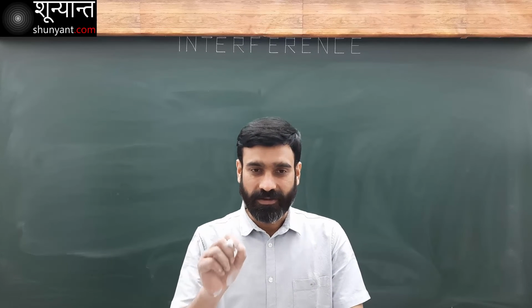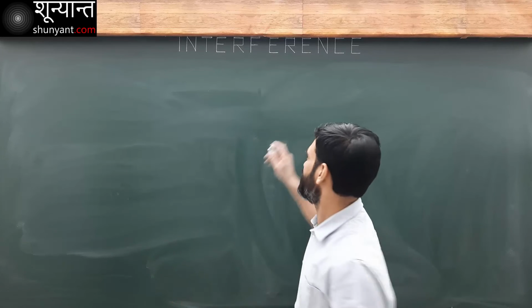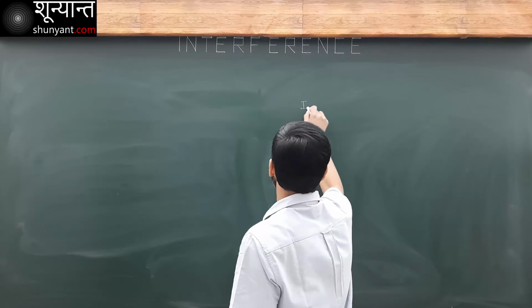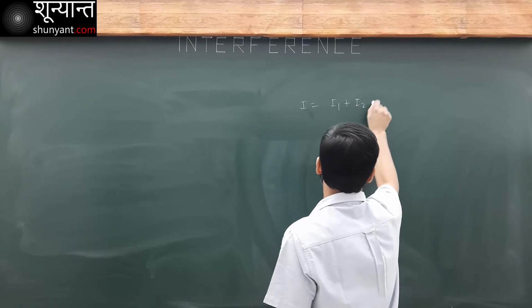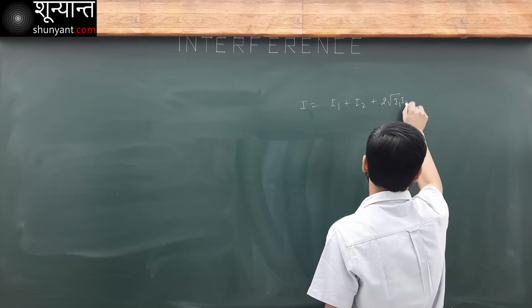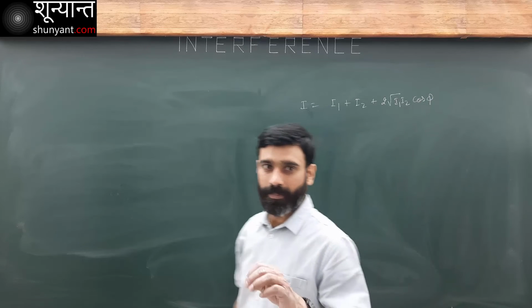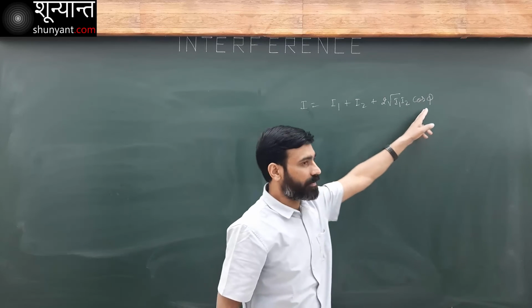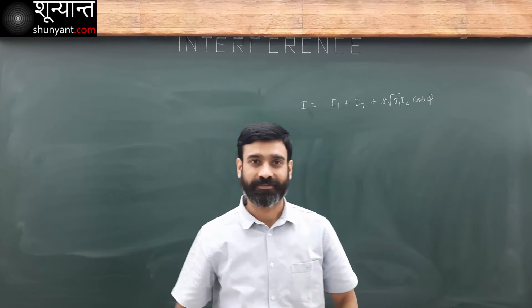The resultant intensity depends on phase difference. We just looked at it. I is equal to I1 plus I2 plus 2 under root I1 I2 cos phi. The resultant intensity depends on phase difference. This phase difference keeps on changing.